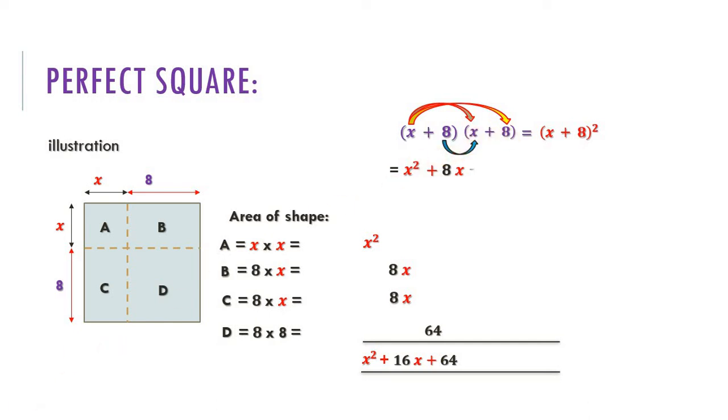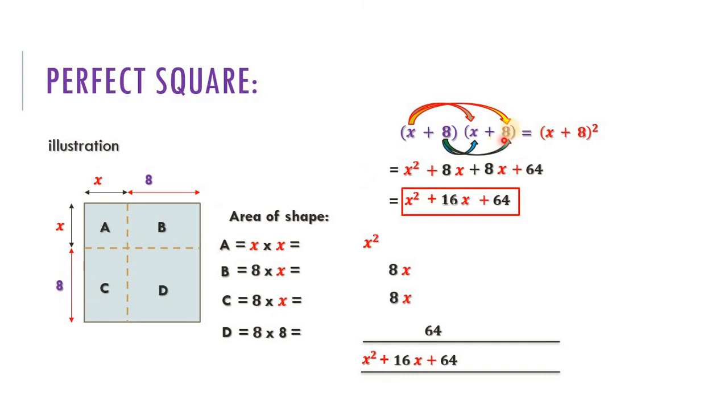So 8 times X gives us 8X, and 8 times 8 gives us 64. And of course, only the two middle terms are like terms. So the X squared term, 8X plus 8X is 16X. Then 64. And if you notice, the answer that we have here is the same as this one down here.